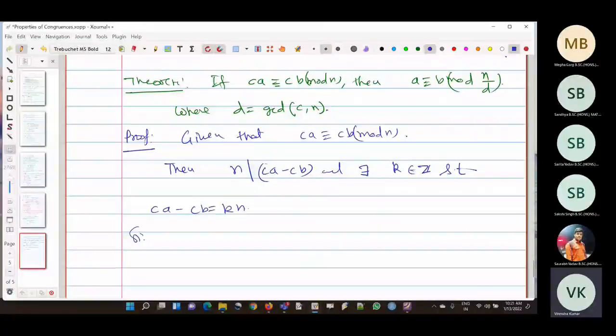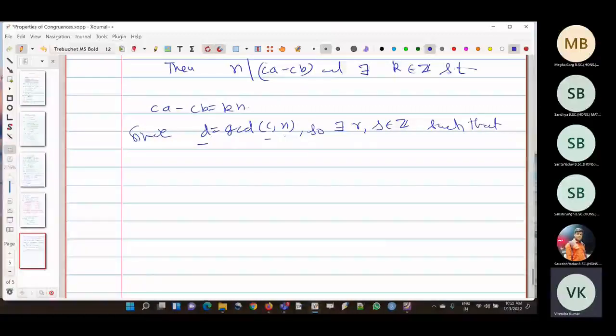Now, since D is the greatest common divisor of C and n, there exist integers R and S such that D divides C as well as n, so C equals DR and n equals DS, with R and S relatively prime.